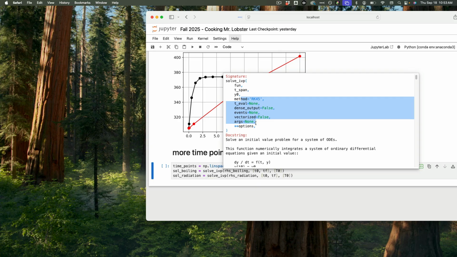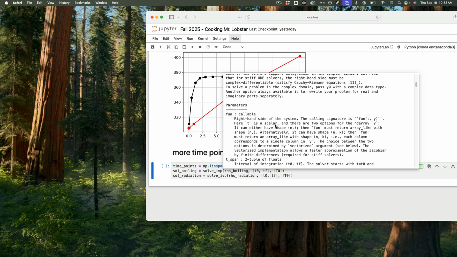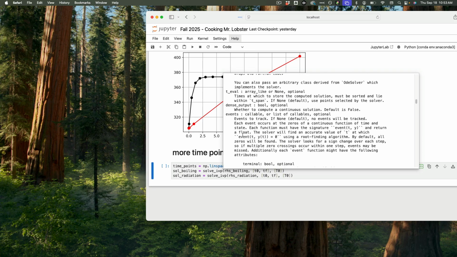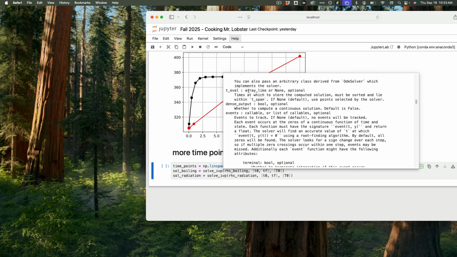But I'm looking now at t-eval. So if you scroll down to t-eval here, parameters, function, t-span, y0, method, etc., you go to t-eval, array-like. These are the times at which to store the computed solution, must be sorted and lie within t-span. So it could be between t0 and t-final. It cannot be outside t0 and t-final.